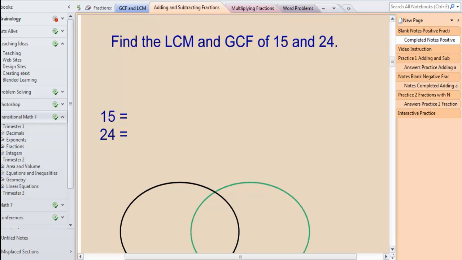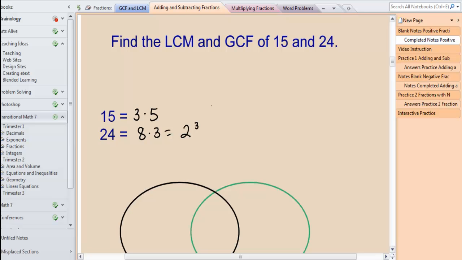And I showed you guys how to do that using a prime factor tree. However, for some numbers you don't need to do that because the numbers are small. For example, 15, I know that 15 is 3 times 5. I don't need to draw a prime factor tree to figure that out. I know that 24 is 8 times 3.